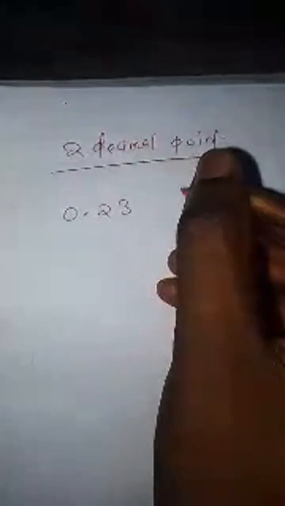Okay, let's now move to how we can write a number to a given number of decimal places. When you have a number like 0.23, how many decimal places does this number have? It has 1, 2.